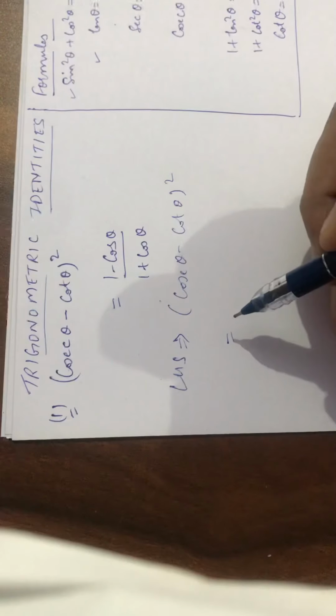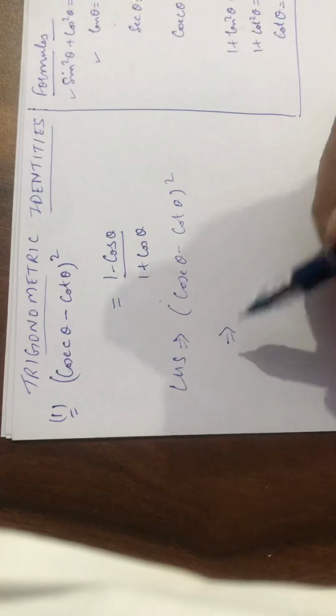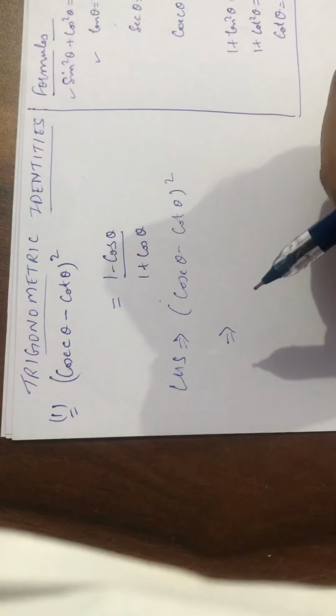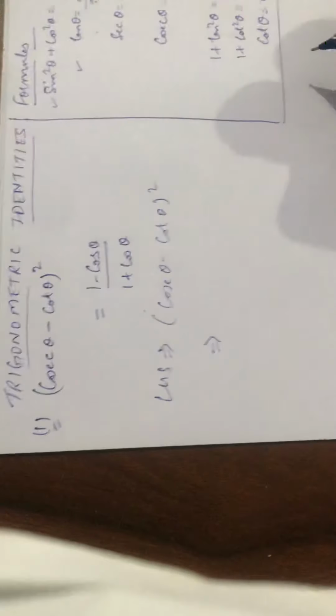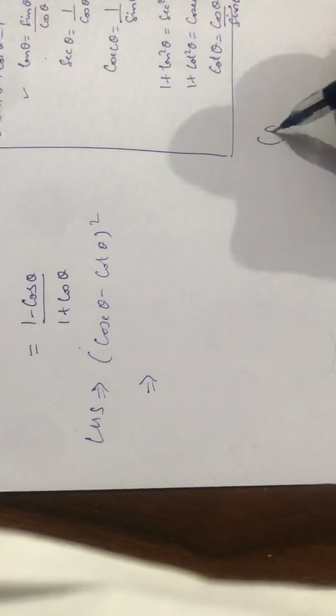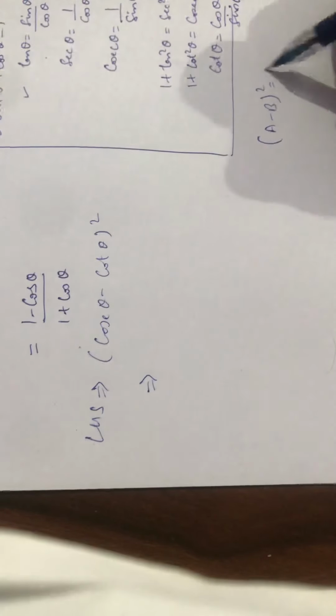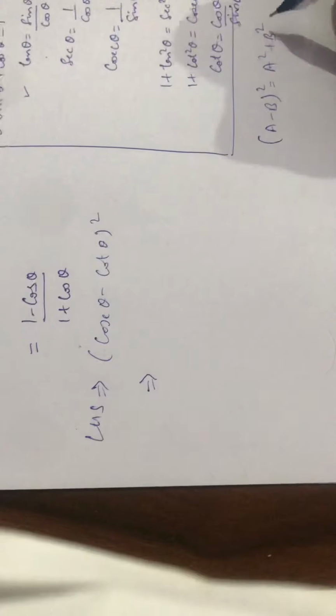So what we'll be doing is a simple mathematics with these trigonometric identities. For example, if we have (a minus b) whole square, how will we open that? a square plus b square minus 2ab.